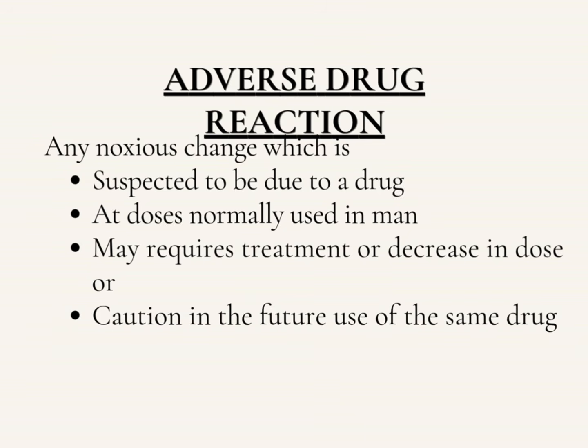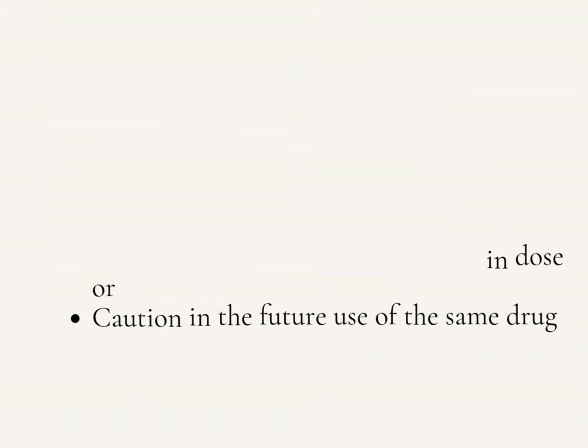An ADR may require medical treatment, reduction of drug dose, discontinuation of therapy, or extra caution if the same medicine is used again in the future. For example, a patient taking penicillin develops a skin rash despite receiving the correct dose. This is considered an adverse drug reaction.